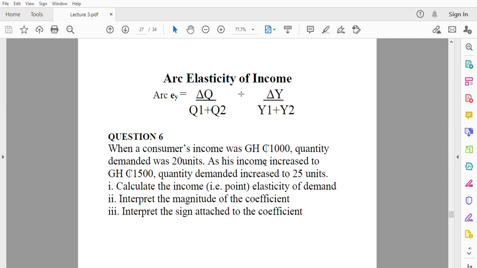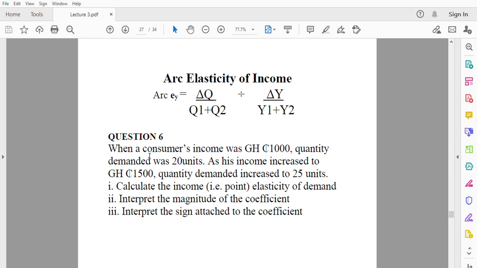As we have discussed over and over, this also follows the same. So change in quantity demanded divided by previous quantity demanded plus current quantity demanded, all divided by change in income. As I mentioned, Y represents income. So change in income divided by previous income plus current income. So take this question, try your hand on it, and let's see if you have mastered it.